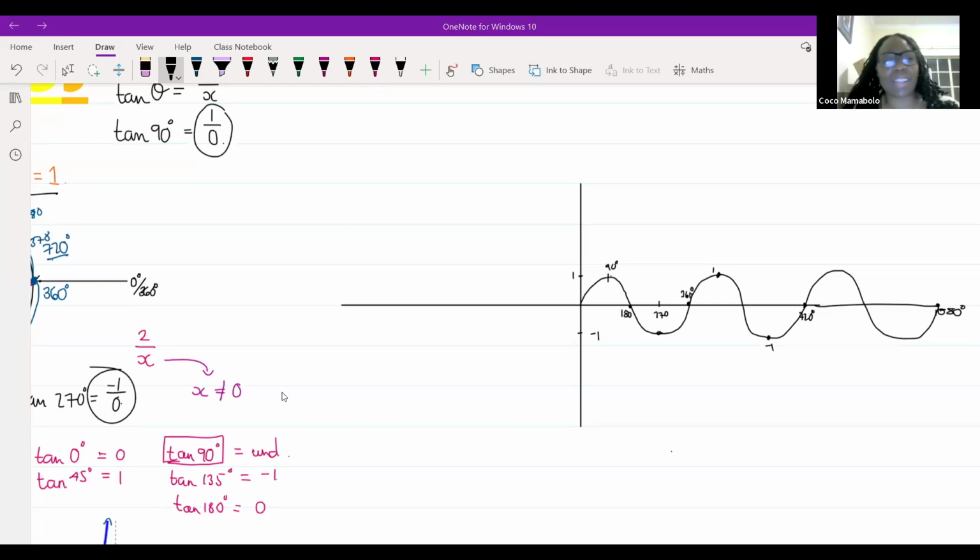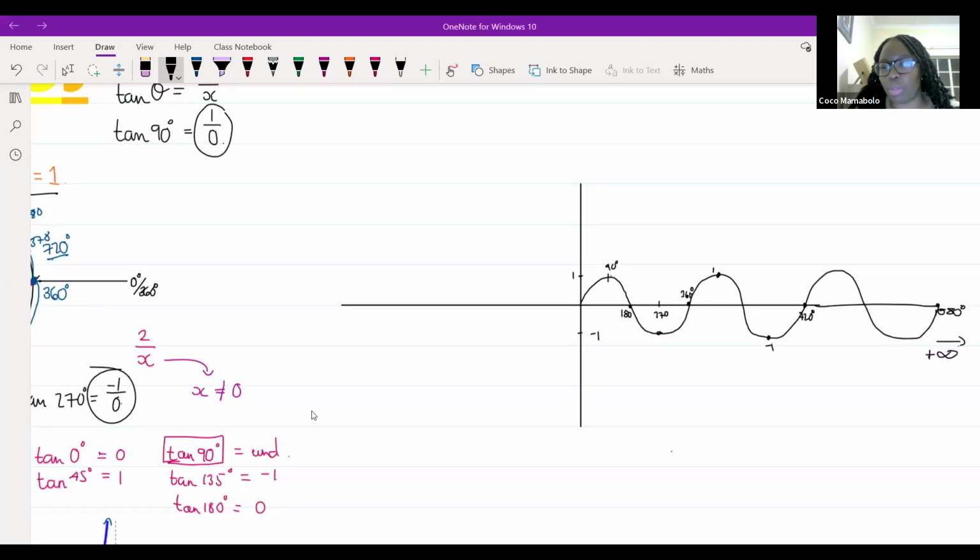I can just add another 360 and draw another one, add another 360 and draw another one, add another 360 and draw another one. How many of these graphs can I draw? Anybody got an idea? An infinite number, correct.